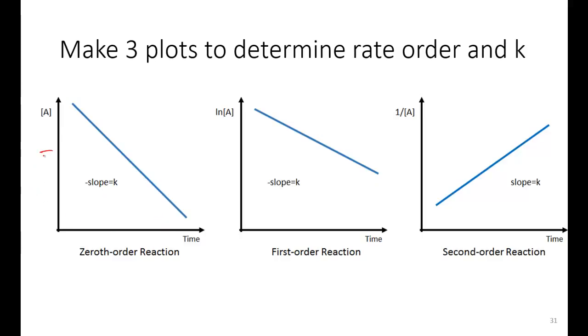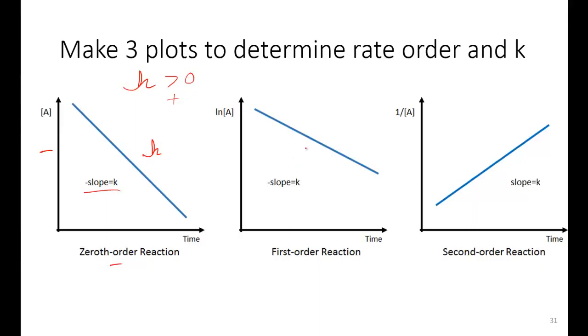So if concentration versus time is a straight line, remember k, the rate constant, is always positive. So if this has a negative slope, k is the negative of the slope, right?